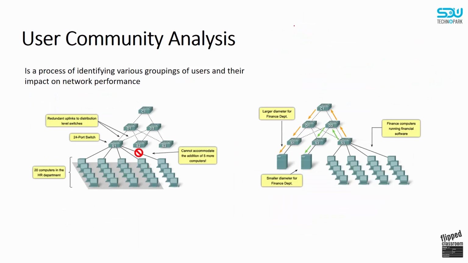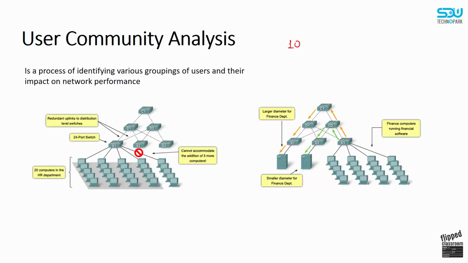Another type of analysis is the user community analysis. User community analysis is the process of determining the future plans of the organization in which you are working, or maybe this is your organization, and you have to analyze how many users you have currently. For example, your boss told you that you have to buy equipment which will satisfy the current networking requirements in this organization.